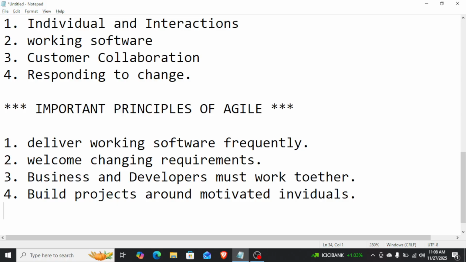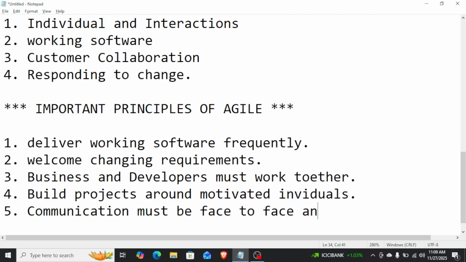And fifth one is communication must be face to face and quick.